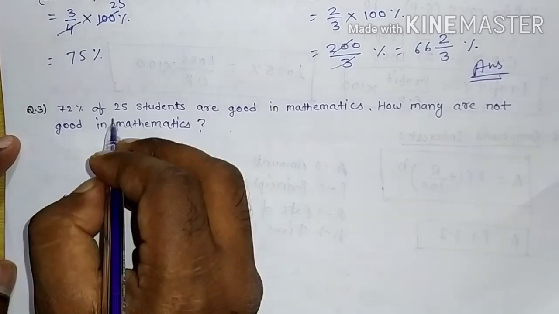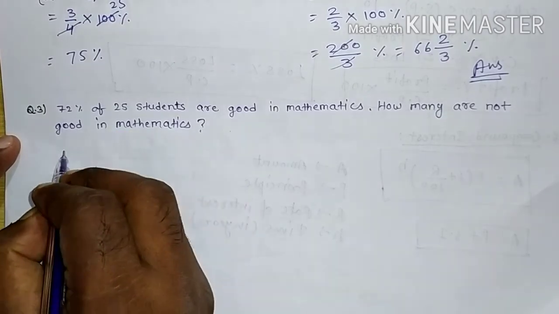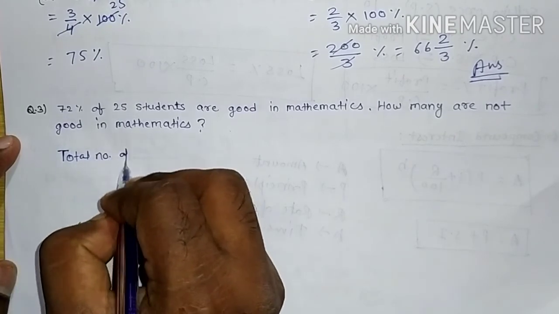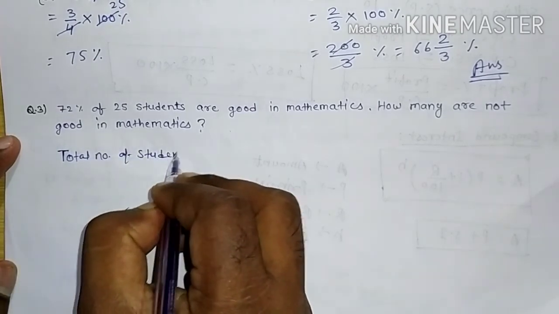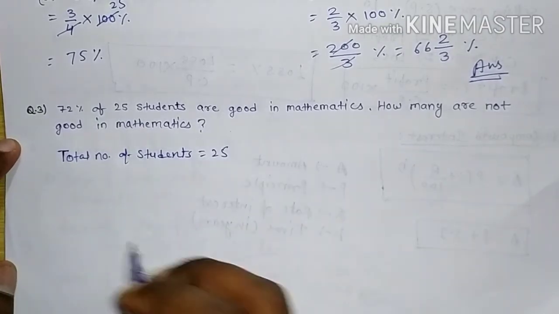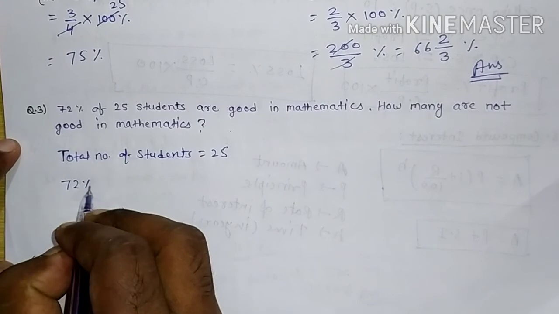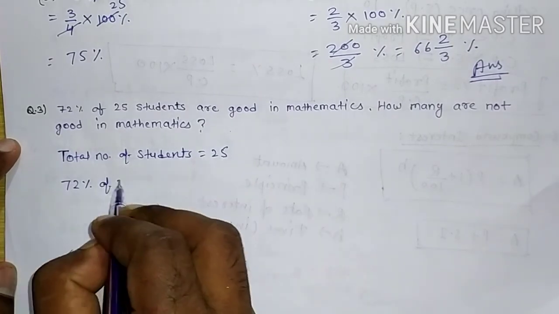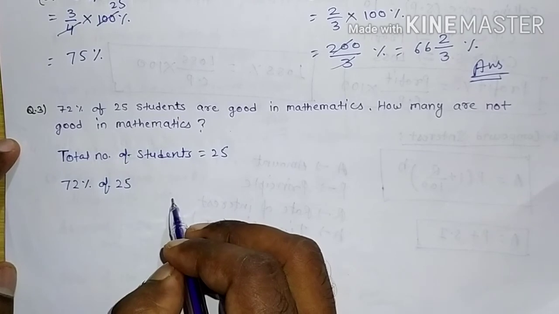Now what is given? First write what is given. So total number of students is equal to 25. Now 72% of total students, that is 72% of 25, are good in mathematics.